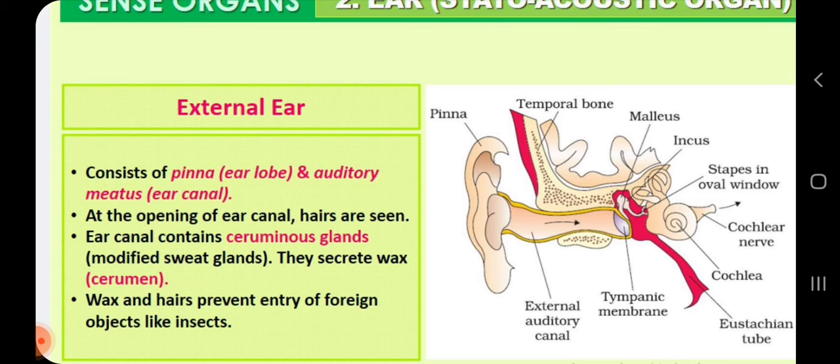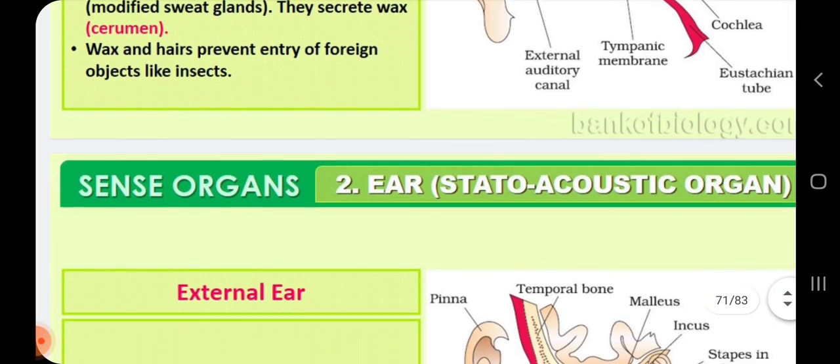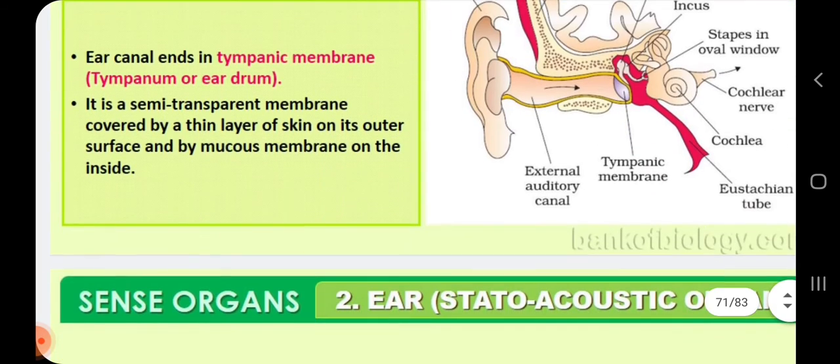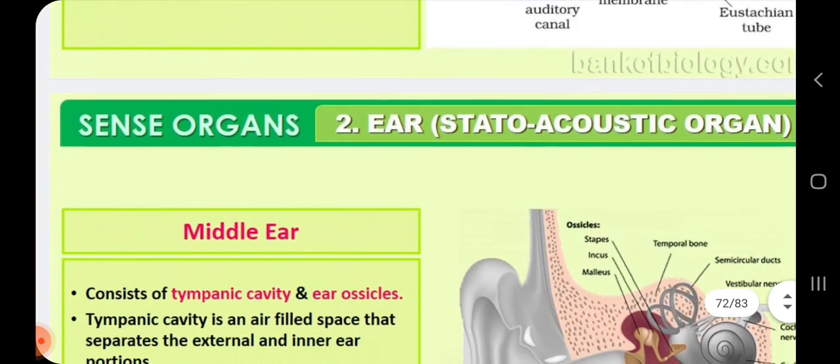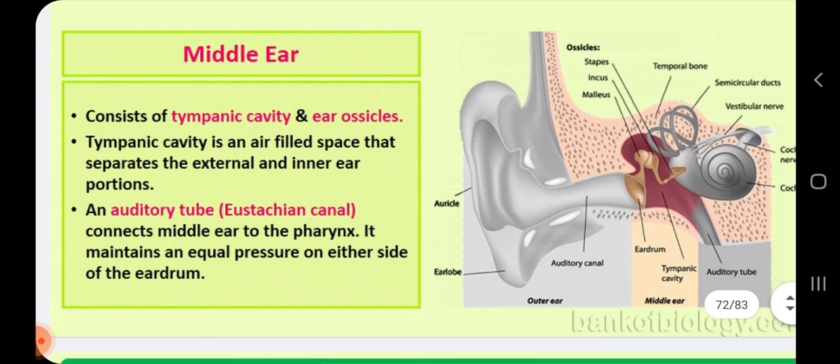The next part of the ear is the middle ear. The middle ear consists of the tympanic cavity and the ear ossicles.